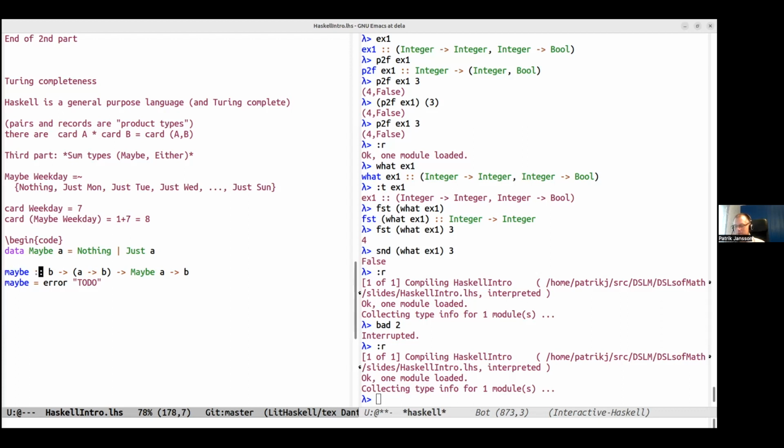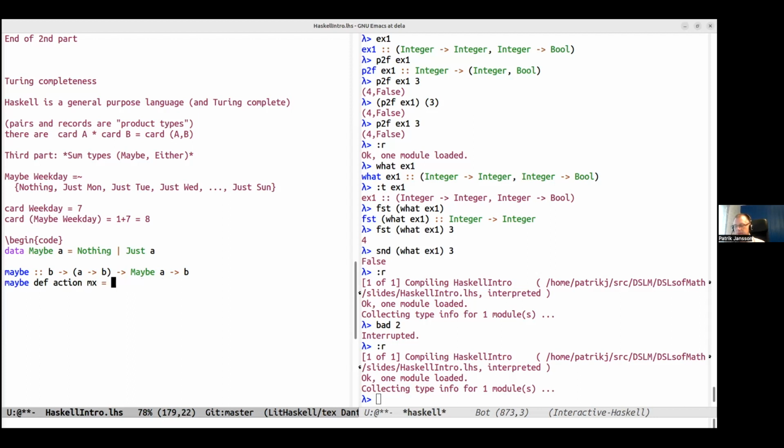It has a bit of a scary type, but this again is designed to have only one correct implementation. Maybe takes a default value, which I call def, and some action function I called action here. Then it takes a value of type Maybe A, so mx, and it should return some value of type B.